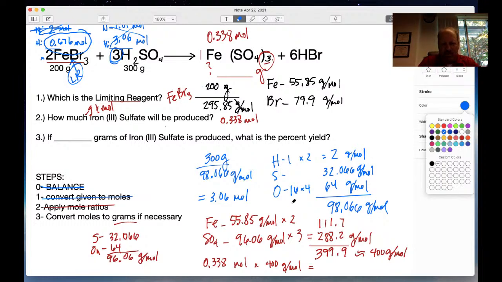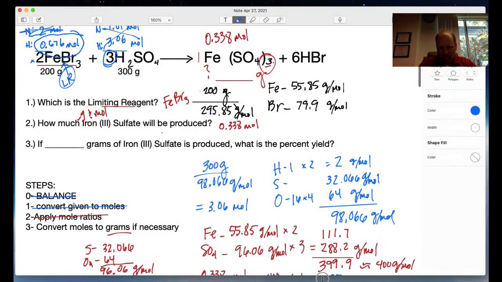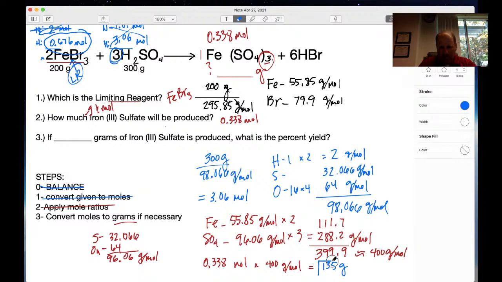So 135 grams. Okay, so you have 135 grams of that. So this is 0.338 moles, 135 grams.